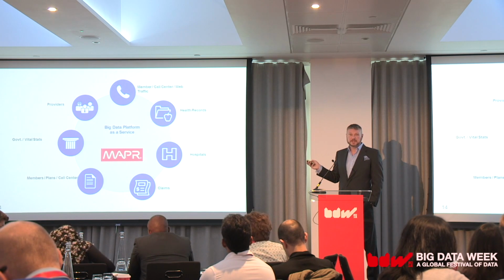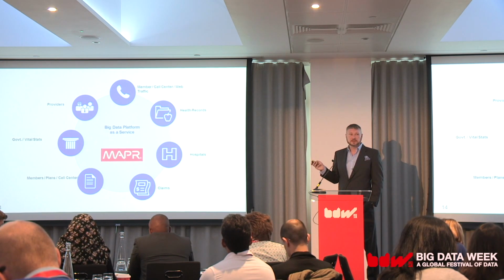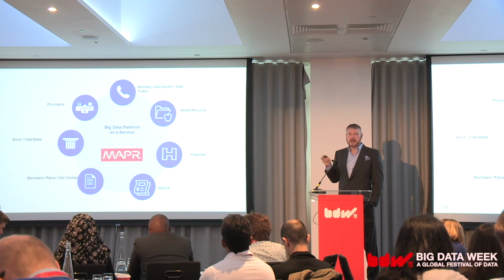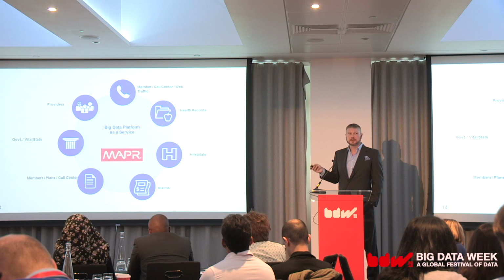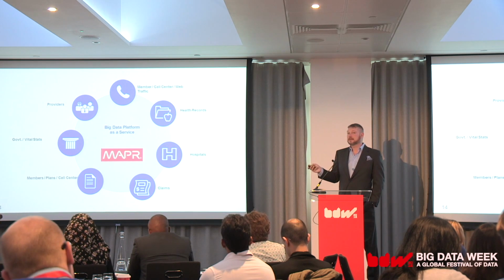And it's done principally, there's multiple groups in UHG using our technology, using MapR's technology, but the principal one is called payments integrity. But it also takes into account how well the treatment works for people. So in other words, it may be that something's very expensive, but the outcome of that is very good. So that doesn't get flagged.